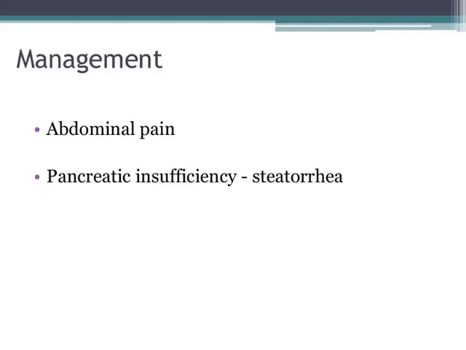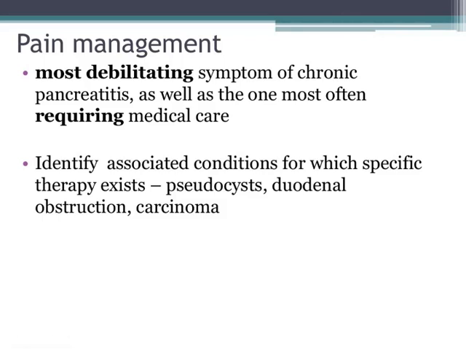Management for abdominal pain and pancreatic insufficiency, steatorrhea. Pain management: the most debilitating symptom of chronic pancreatitis, as well as the one most often requiring medical care. Identify associated conditions for which specific therapy exists: pseudocysts, duodenal obstruction, carcinoma.